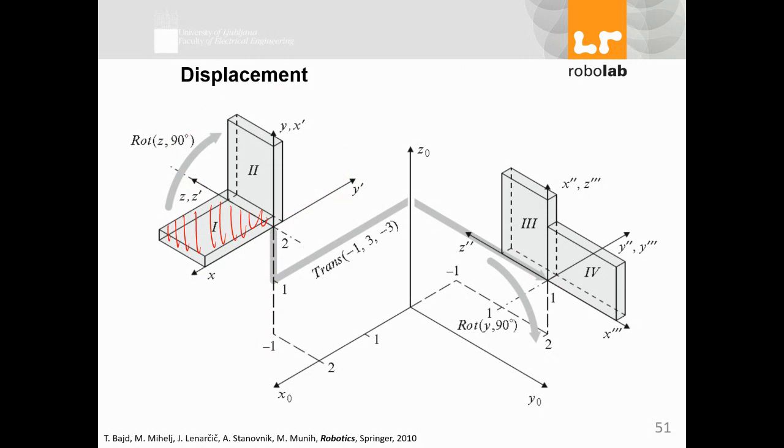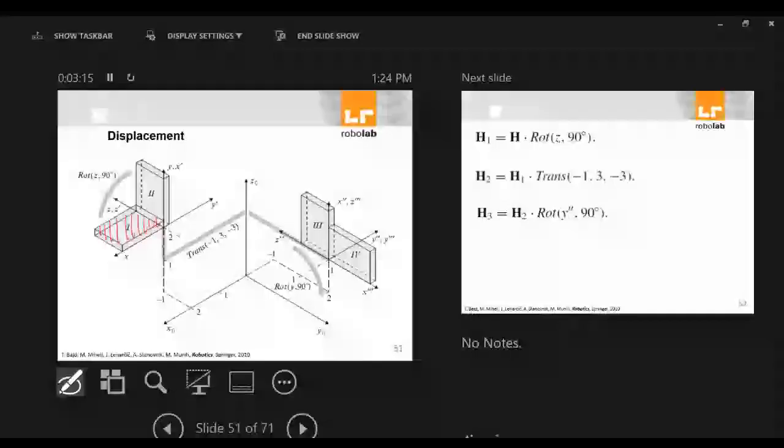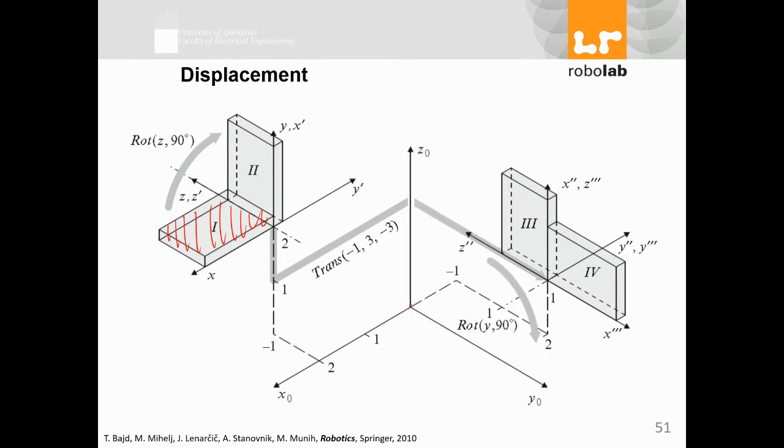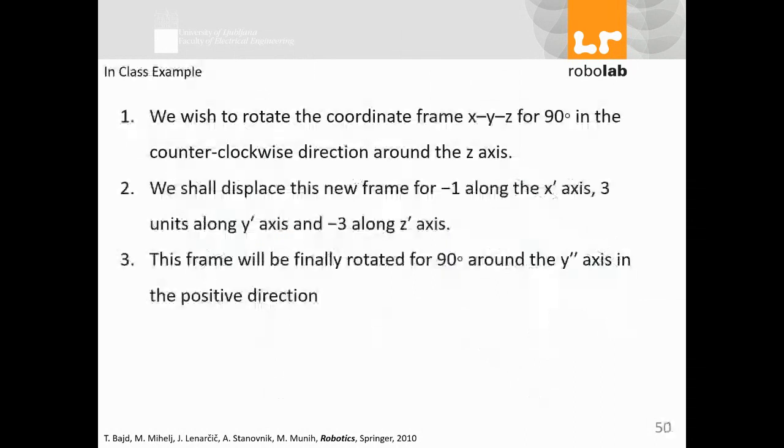I want to find the coordination and orientation of the object versus the base system. So with that object, we wish to rotate the coordinate frame X, Y, Z for 90 degrees in the counterclockwise direction around the Z axis.